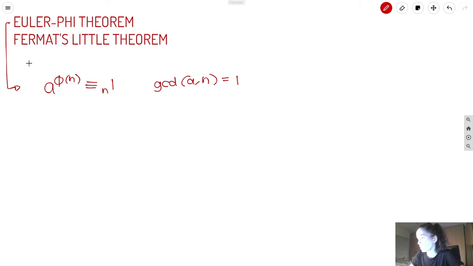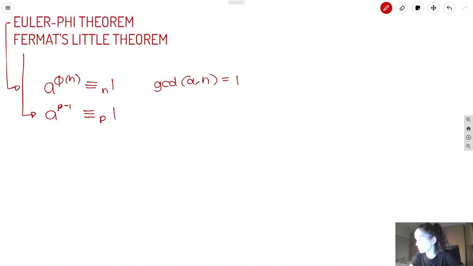So remember we had that phi of a prime p is going to be p minus 1. So if n is a prime, a to the power of p minus 1 is then going to be congruent to 1 mod p. So this is Fermat's little theorem.